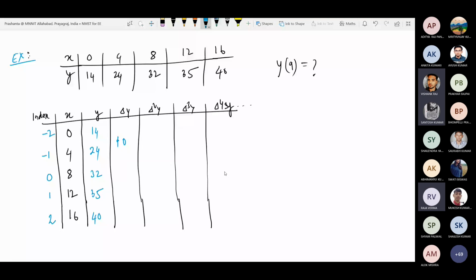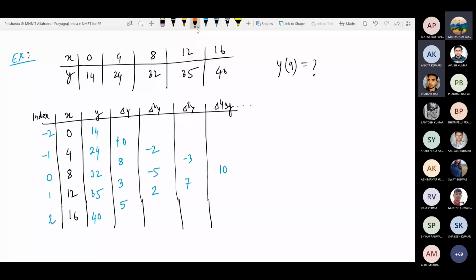Next 3. Next 3, 5. In the next column, -2, -5, 2. 2 here, -3, 7. Then 10 here. So now you tell me which one is the forward difference line and which is the backward difference line.